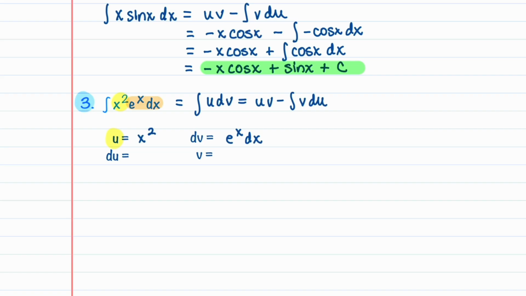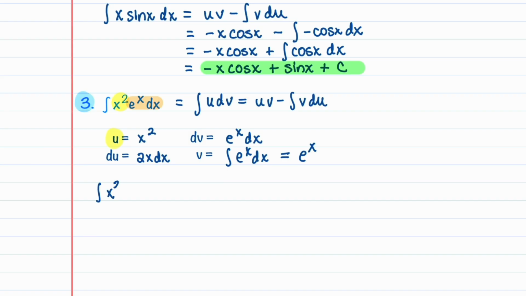On our left-hand side, we're going to differentiate. So du is 2x dx. And on our right, we're going to integrate. Once you get used to this, you don't have to write that integration sign. And this is just e to the x. Now we're going to apply our formula.